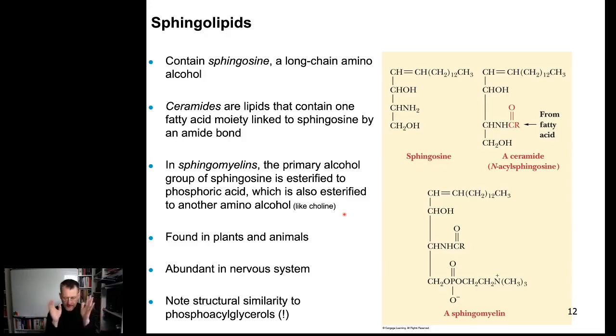But let's not go into too much detail, because then once again we're far more in the territory of molecular biology and not in biochemistry. Now, the most important thing here is the structural similarity of both the sphingosines and the ceramides and even the sphingomyelins to the phosphoacyl glycerols you've just seen on the last slide.